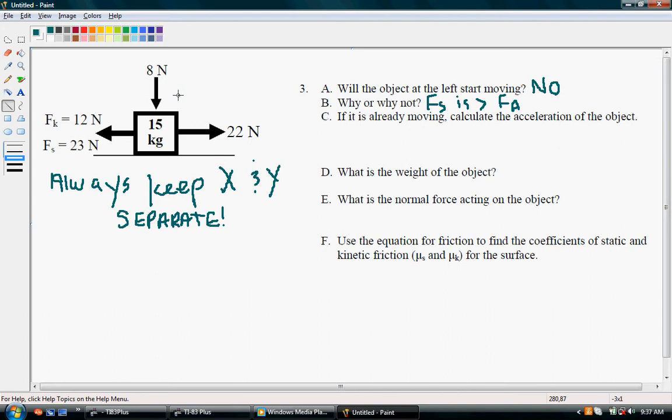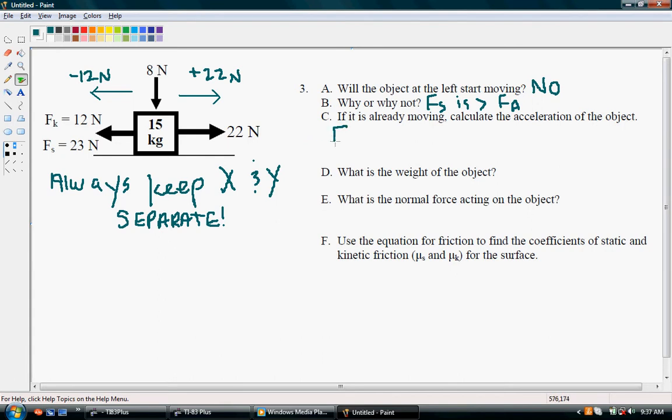We already know that we have a force to the right being applied, this 22 newtons, and then we have the force of friction opposing that motion. Since it's moving, we have kinetic friction, so it's actually negative 12 newtons, since it's going to the left. So 12 newtons pulling it to the left, and a positive 22 newtons pulling it to the right.